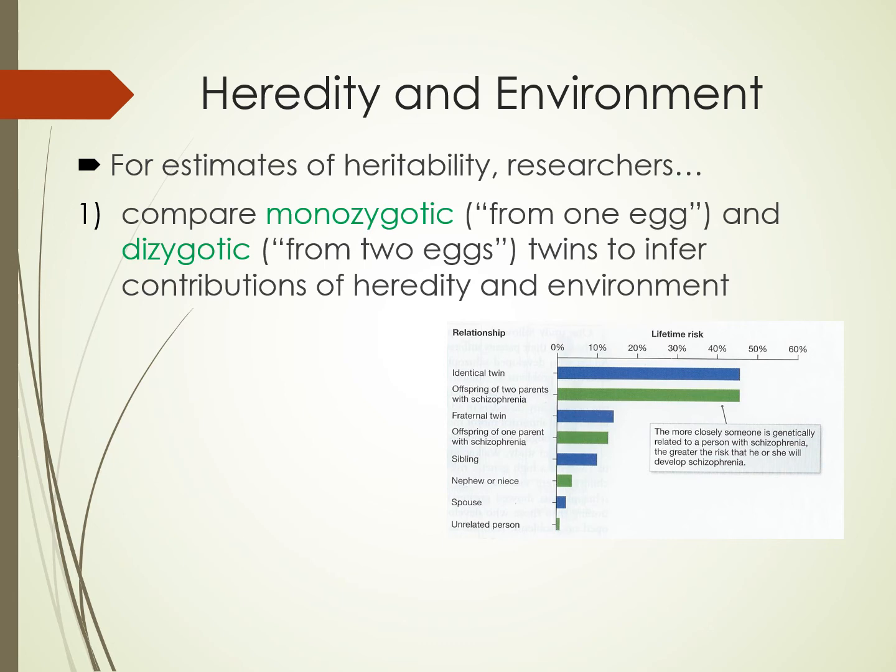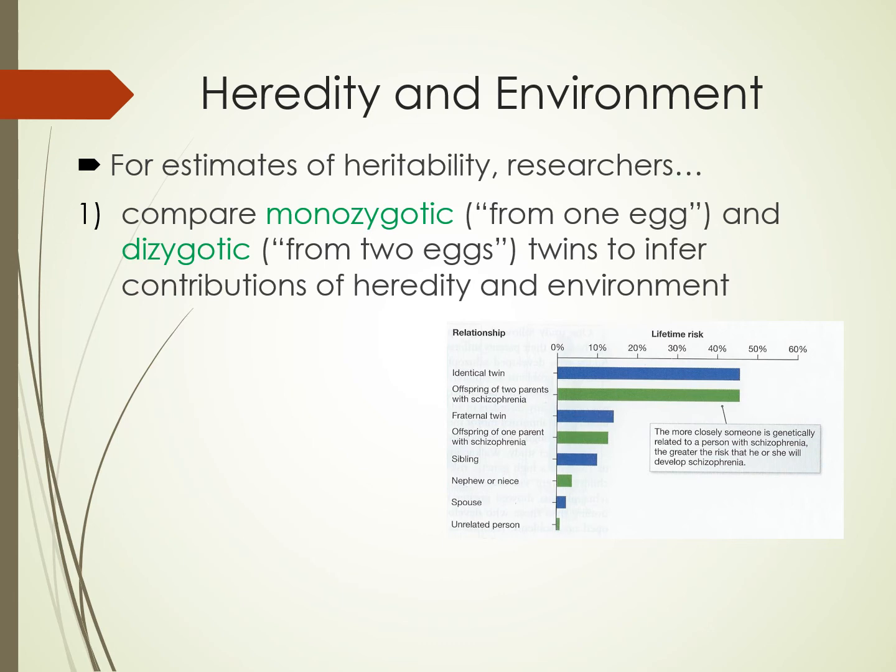Some of that has influence on who we become. So we have more similarity in environment between monozygotic twins and dizygotic twins than we do between other siblings. But we have this change in the percentage of shared genes. And I show here a picture of likelihood of schizophrenia.